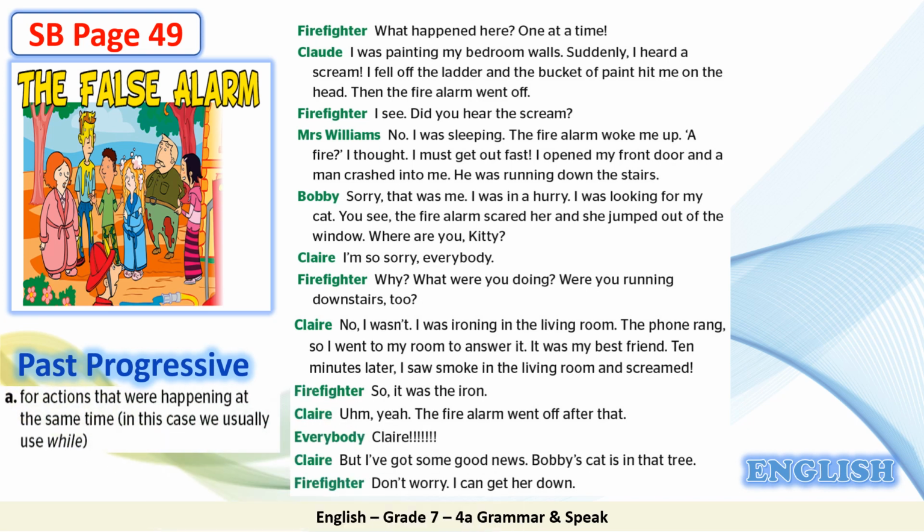It's used for actions that were happening at the same time. In this case, we usually use while. Well done again. It's also used for actions that were happening at a specific point of time in the past. Now you can go through the text and underline the sentences where the past progressive tense is used. 2. Read. The false alarm.